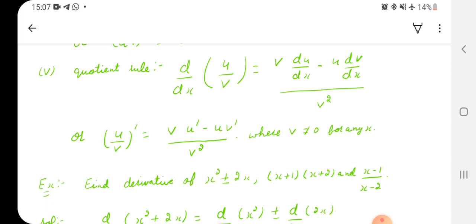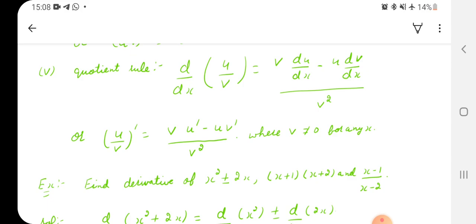It says: v times the derivative of u with respect to x, that is, the denominator function as it is into the derivative of the numerator function, minus the numerator function as it is into the derivative of the denominator function, that is u into dv over dx, and upon v square, that means the denominator squared.